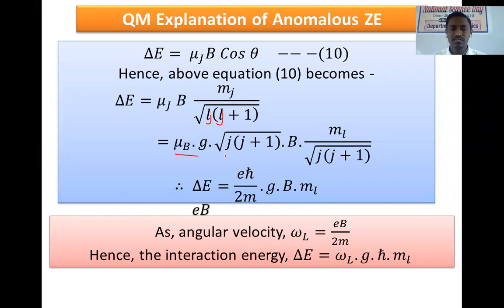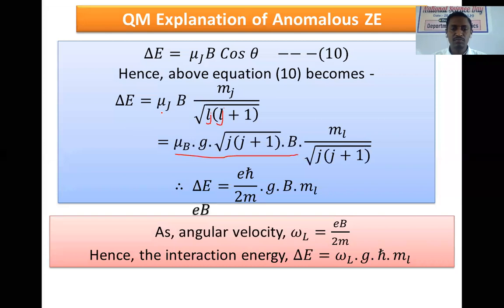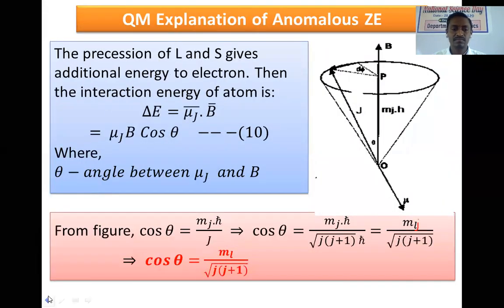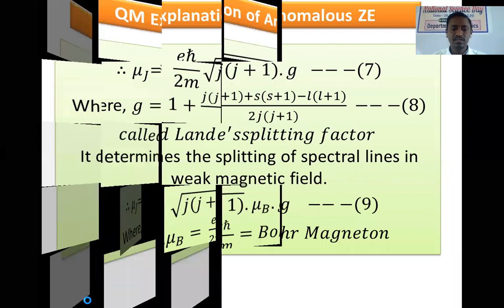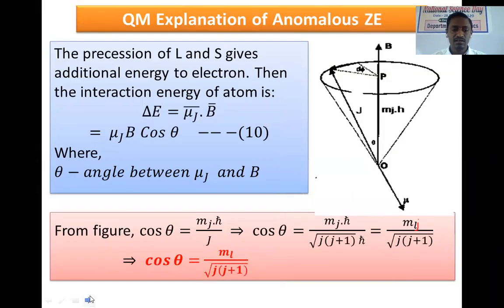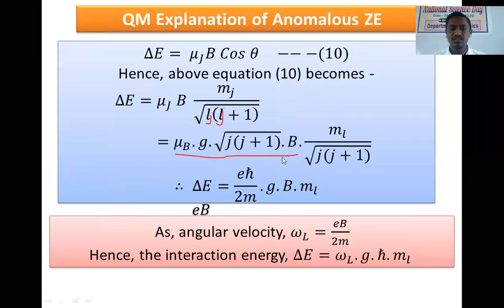I have taken this first term, the value of mu j, from equation number 9. Equation 9 gives you the value of mu j equal to the square root of j into j plus 1 times mu B into g, into capital B from equation 10 as it is.